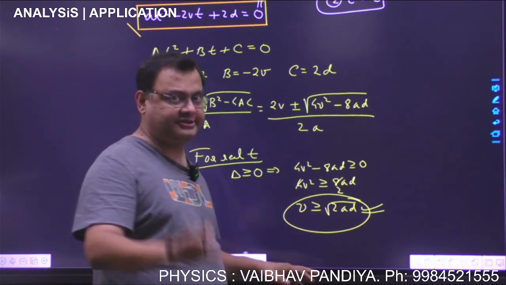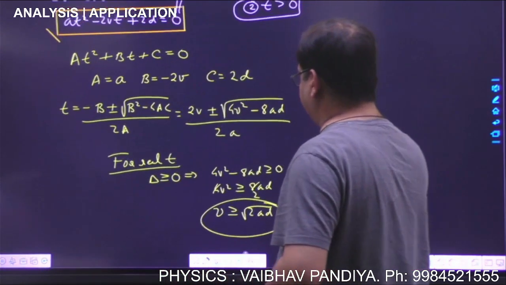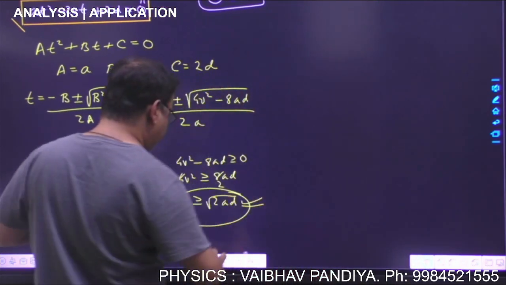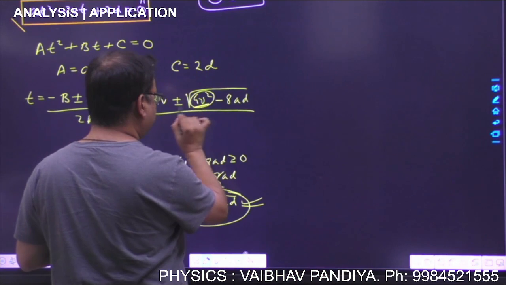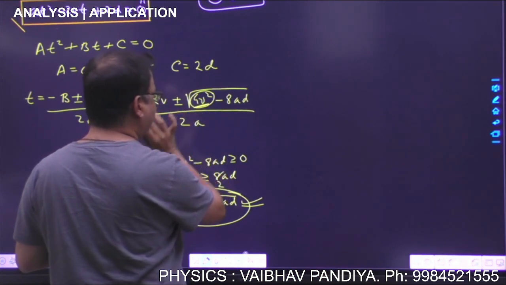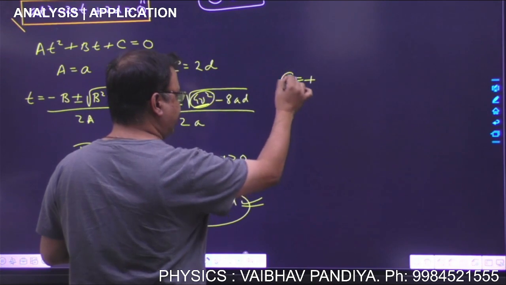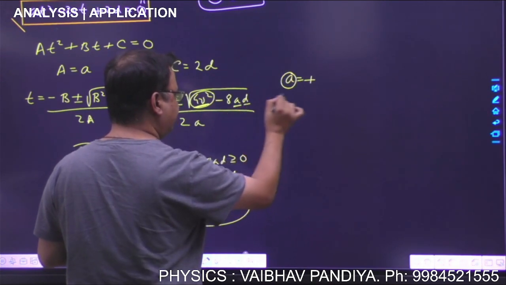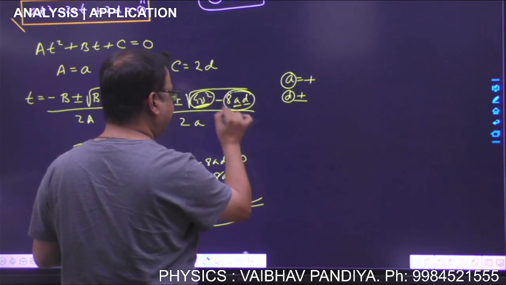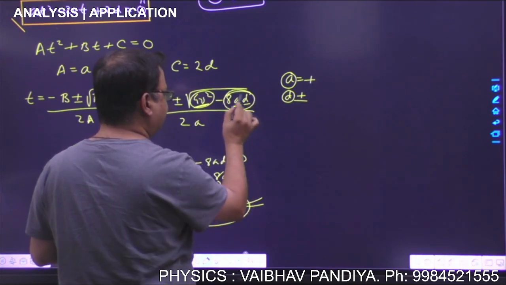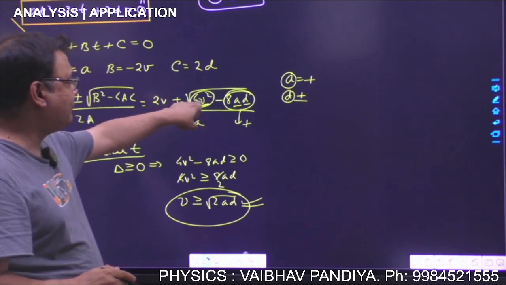Number two, you have to convince that the value of t will indeed come to be positive. Now see, it's 4v square, correct? And the root of 4v square will be 2v. Now a is a positive quantity, that is the magnitude of acceleration, and d is a positive quantity. So here this whole thing is positive. So something positive is being subtracted from 4v square.